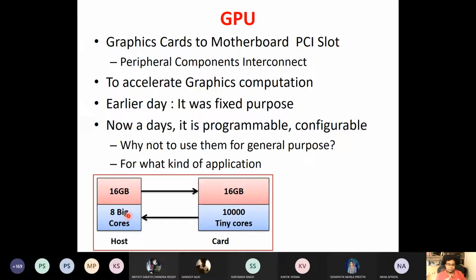Whenever you write a C program, the applications will see the address space in the host, not the address space in the GPU. So for that, in general, Nvidia, AMD and Intel, whoever developed the GPU, provide APIs, application programming interfaces, to send data to the GPU, do the computations and get the results back.